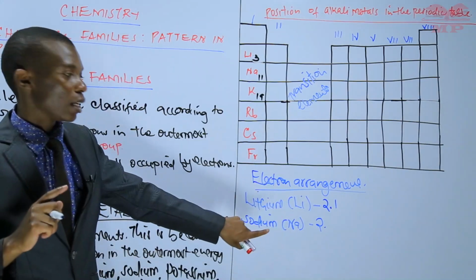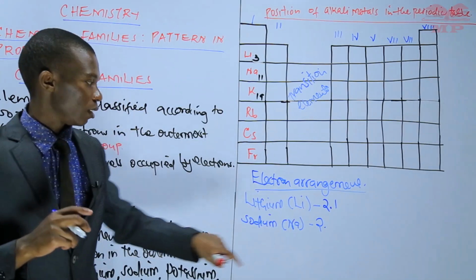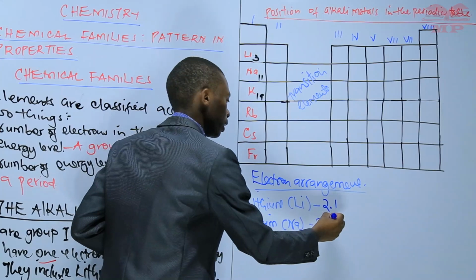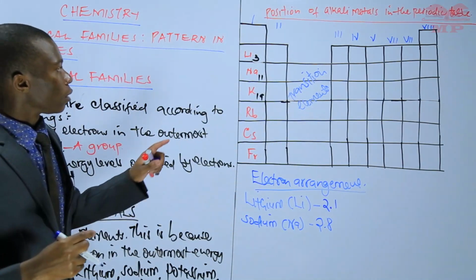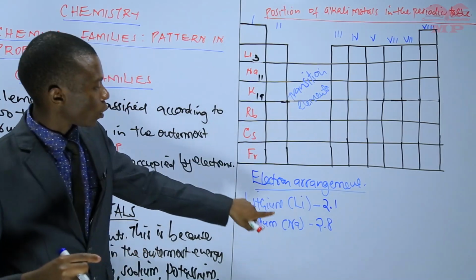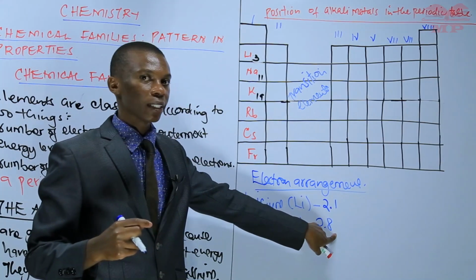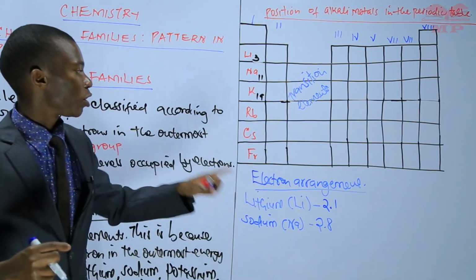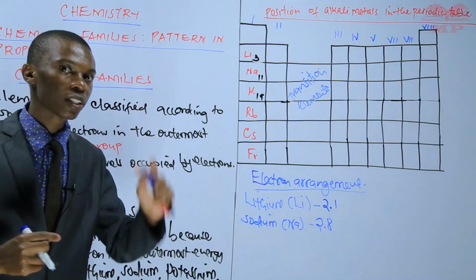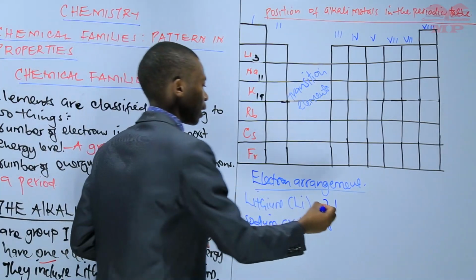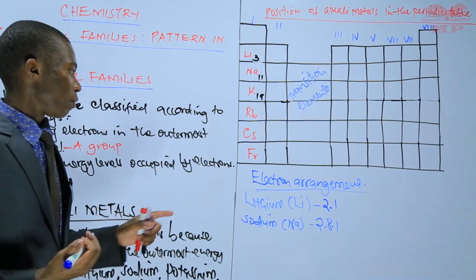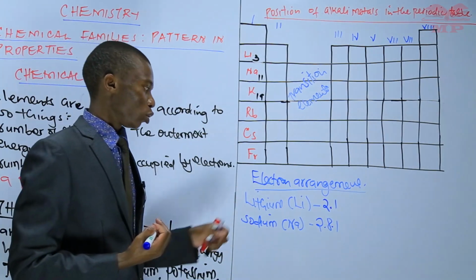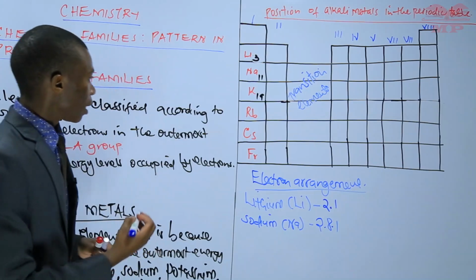Then once you fill the first energy level, you go to the next energy level. You fill it full, so it will have 8 electrons. So 2 plus 8 makes 10, and 11 minus 10, you're remaining with 1 electron. So the 1 electron remaining, you place it in the last energy level. And therefore, the electron configuration should be like that.